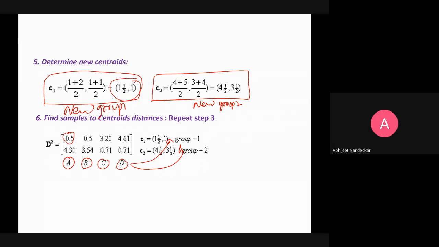Earlier it was 1, 1 for group 1, now it has become 1.5, 1. So obviously there will be some new distances for group 1, like 0.5, 0.5, 0.54. Like that we have calculated distances for all, and these are our new centroids.